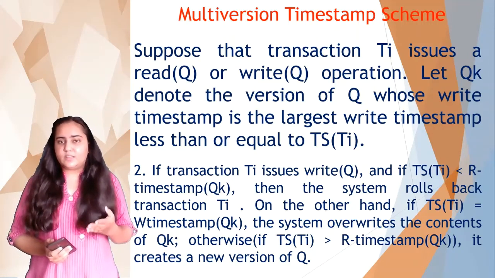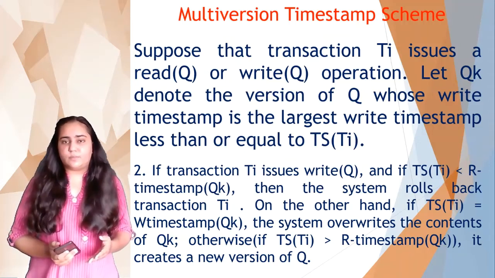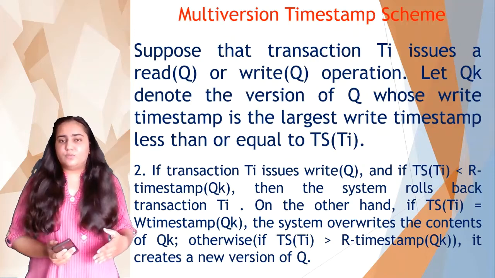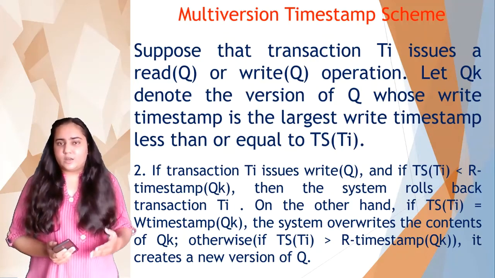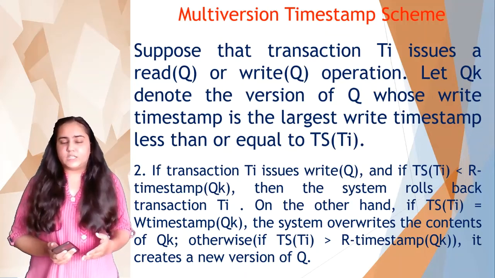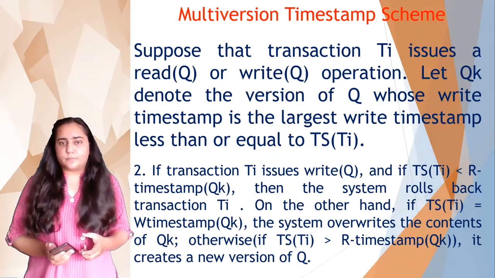The second thing is if Ti has a timestamp which is equal to the W timestamp of QK, which means the write timestamp of QK, then the system will overwrite the content of QK, which means the system is allowing Ti to modify the QK version.